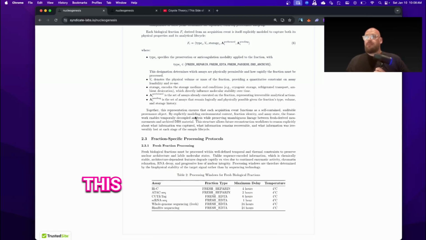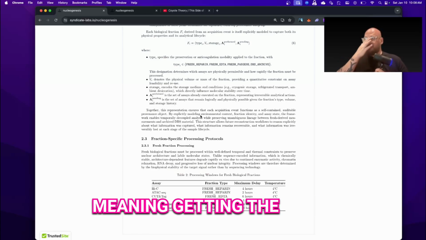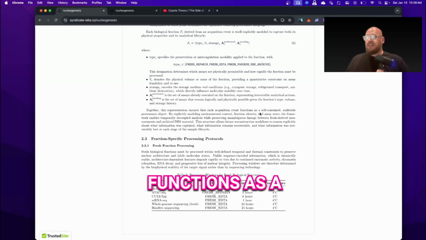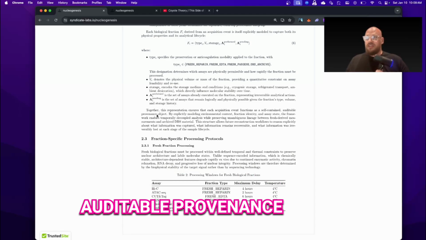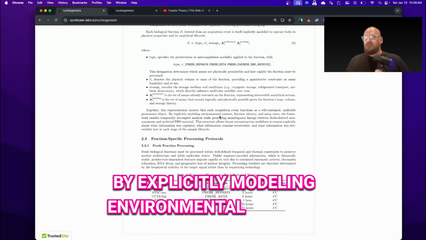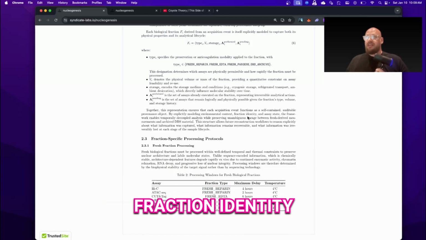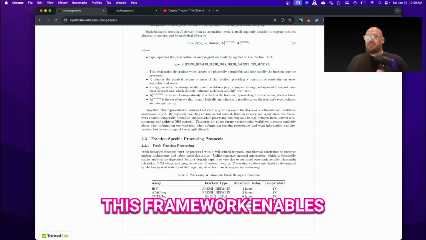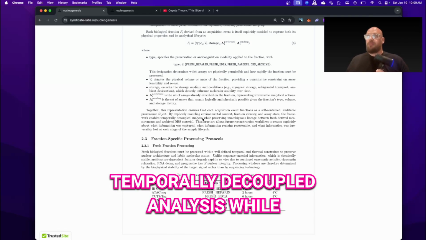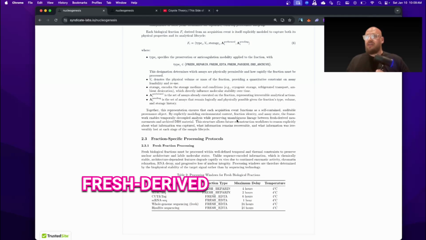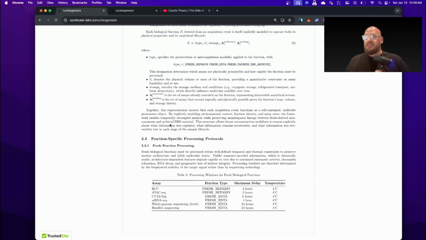But together, this representation ensures that each acquisition event, meaning getting the stuff, functions as a self-contained, auditable provenance object by explicitly modeling environmental context, fraction identity, and assay state. This framework enables temporally decoupled analysis while preserving unambiguous lineage between fresh derived measurements and archived DBS material.